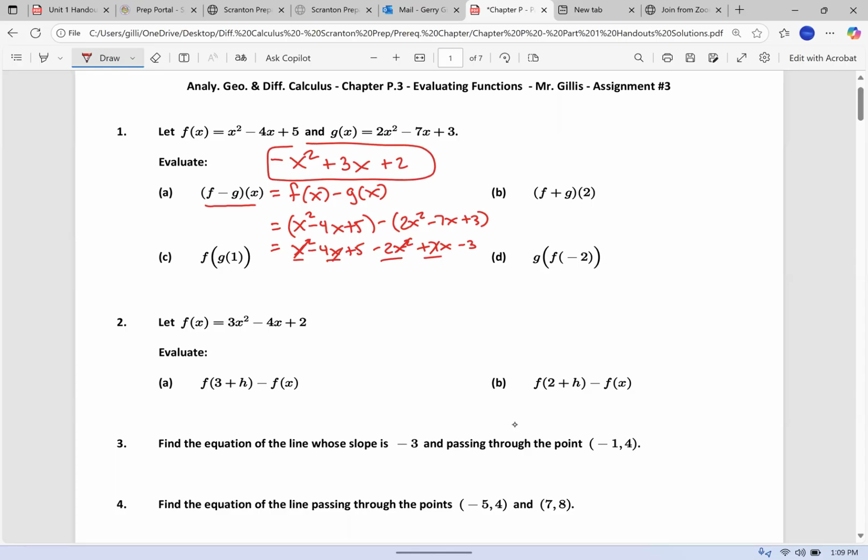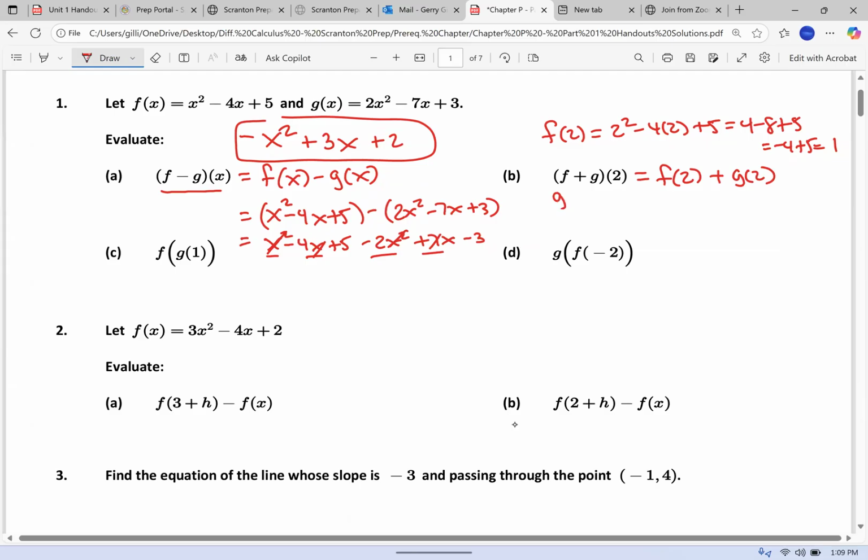And B, this is going to mean to do f at 2 plus g at 2. So f at 2 equals 2 squared minus 4 times 2 plus 5. That's going to be 4 minus 8 plus 5, which is negative 4 plus 5, which is 1.